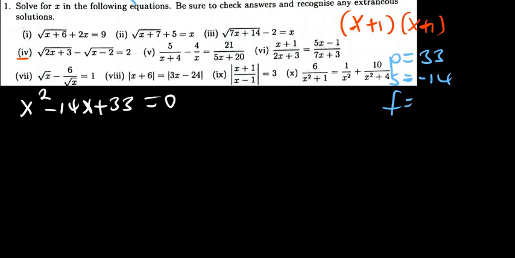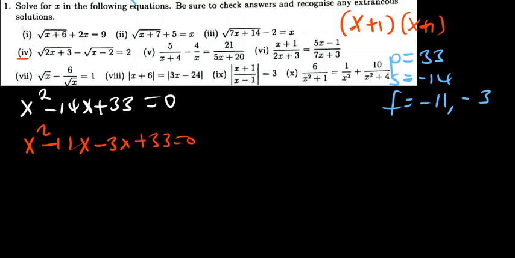I think it should be negative 11 and negative 3. So that negative 11 minus 3 is negative 14, negative 11 times negative 3 is positive 33. That is perfect. Meaning that I have got x squared minus 11x minus 3x plus 33 is equal to 0.